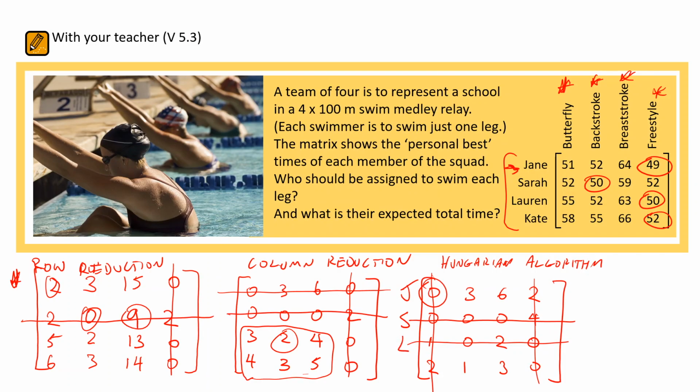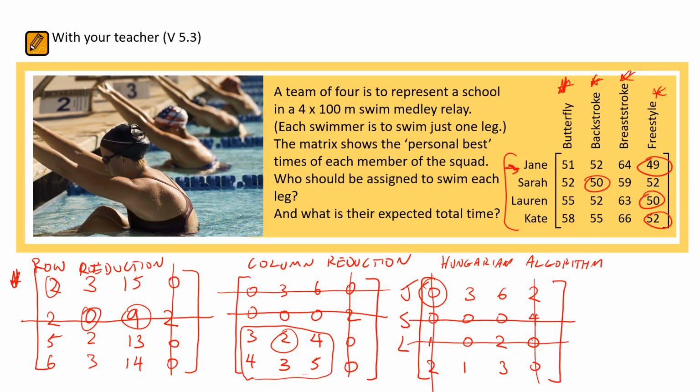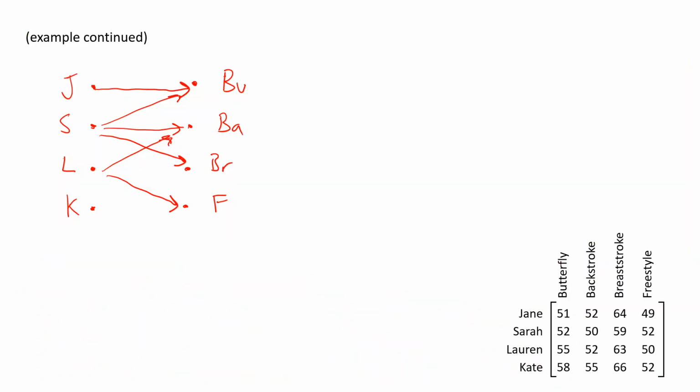Lauren, this is Lauren's row, and she can be chosen for 2 and 4. So the second event was backstroke up there and freestyle there. And lastly, Kate can only be chosen for freestyle. That's easy.